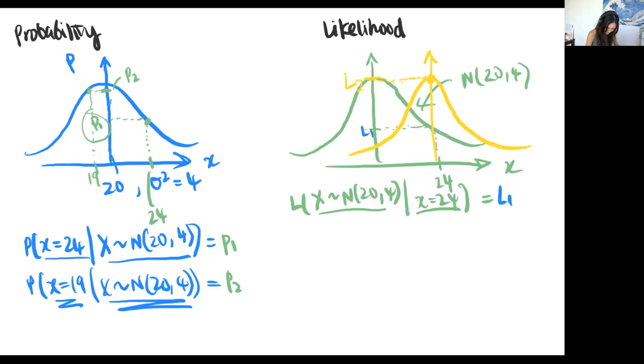Another way to put this is that the likelihood that X follows a distribution centered at 24 and 4, sticking with the same variance for now, given that X equals 24, is equal to L2. So we have maximized our likelihood based on the one data point that we have. This is what we call maximum likelihood, because likelihood is maxed out at this value over here.